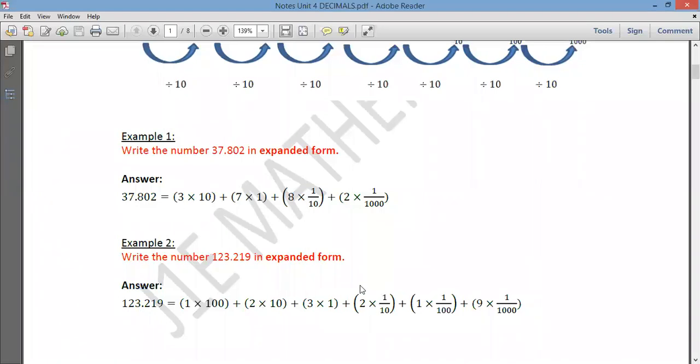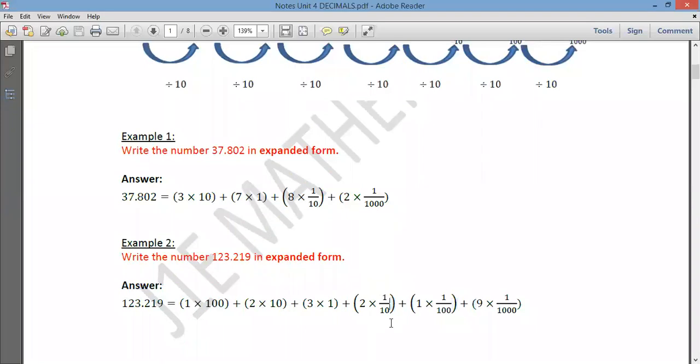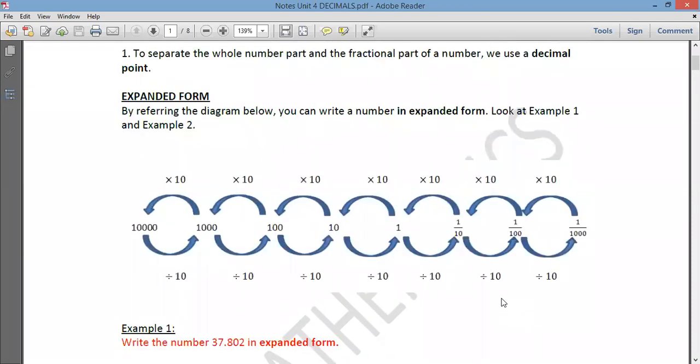Okay, plus 2 times 1 over 10. So always the number that you multiply after the unit 1 will always be 1 over 10, then 1 over 100, and 1 over 1000, and so on. So this figure is very important.